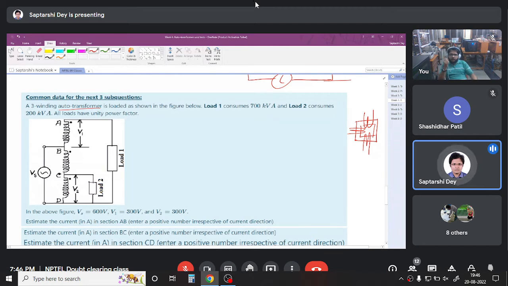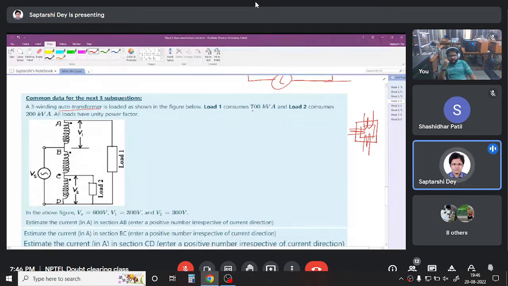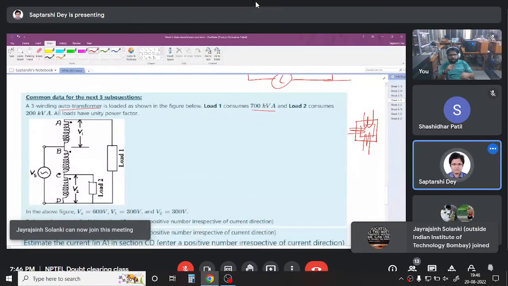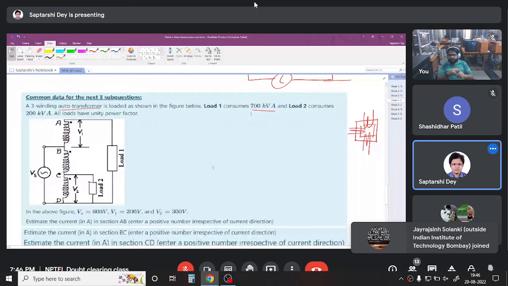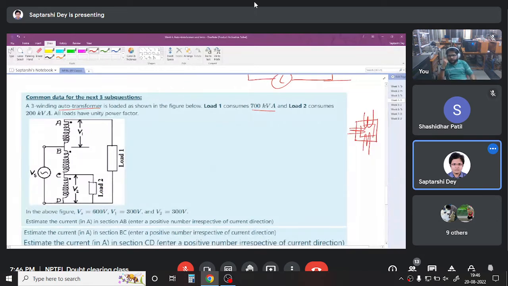The question is, load 1 consumes 750 kVA and load 2 consumes 200 kVA. All the loads have unity power factor. And they have given the voltages: 600 volt.